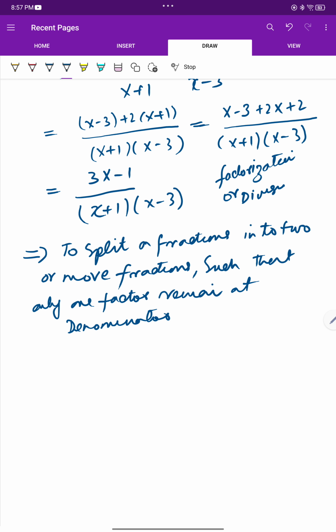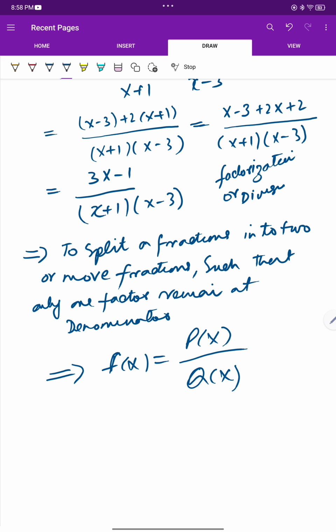So types of partial fraction: rational fraction, proper rational fraction, and improper rational fraction. I'm thinking maybe I can do it in another video, but let's say if you are given f of x is equal to polynomial p(x) divided by q(x).